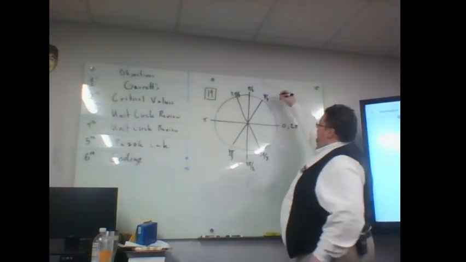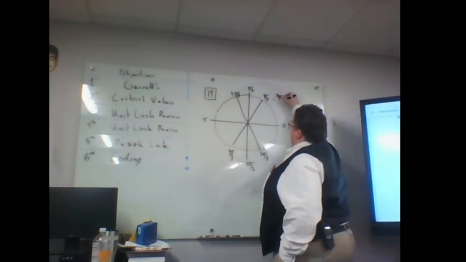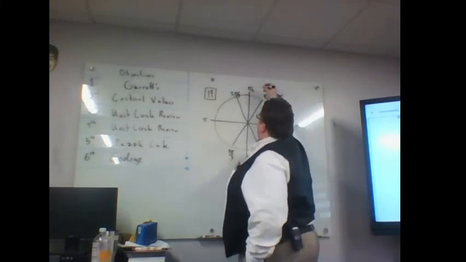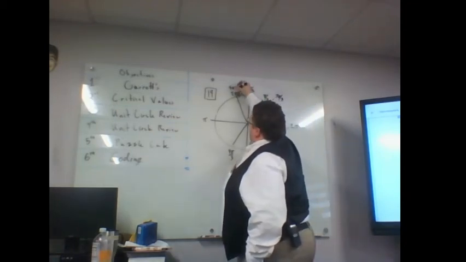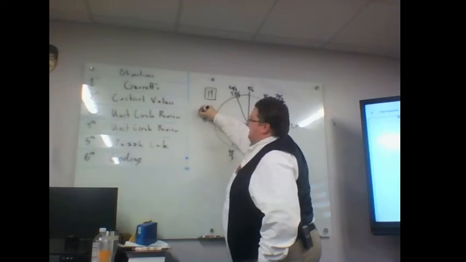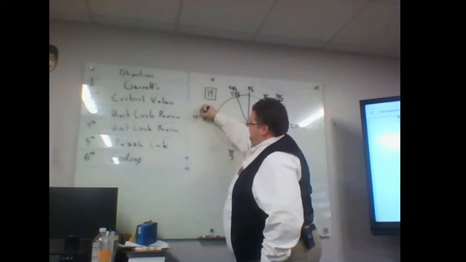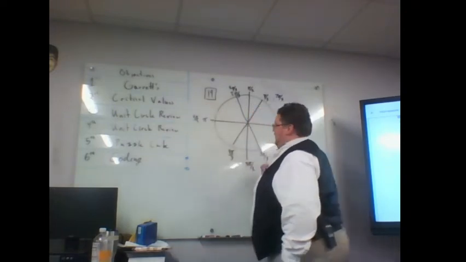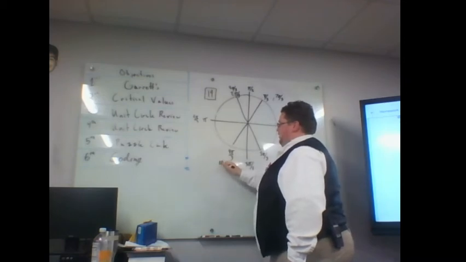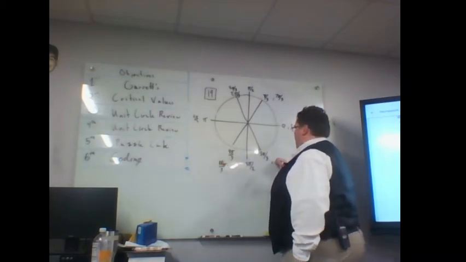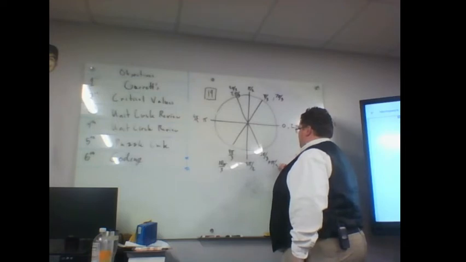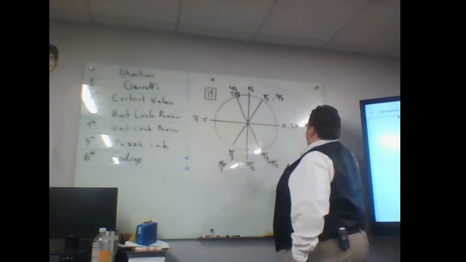So right here, this would have to be 7 pi over 3. This would have to be 8 pi over 3. This would be 9 pi over 3, also called 3 pi. This would be 10 pi over 3. This would be 11 pi over 3. This would be 12 pi over 3.